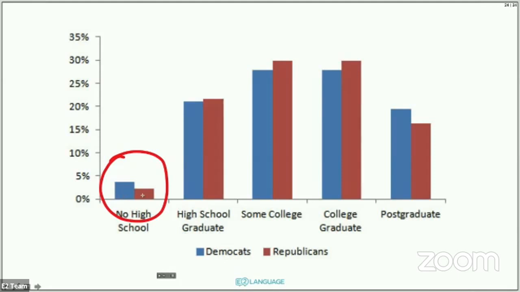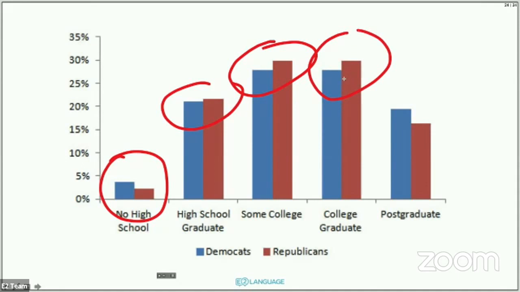In other words, more Republicans passed high school than Democrats. Let's look at high school graduate. It's almost identical. Some college, more Republicans have some college than Democrats. More Republicans have a college graduate degree than Democrats. But here, more Democrats have a postgraduate qualification than Republicans.